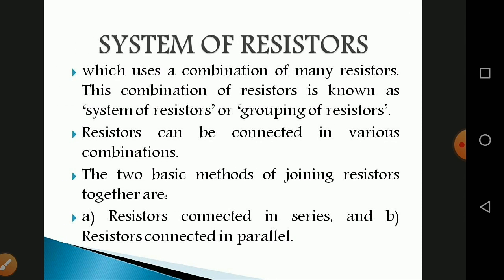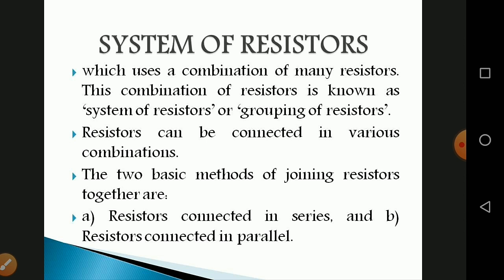And then system of resistors. You have learned how the resistance of a conductor affects the current through the circuit. You have also studied the simple electric circuit containing a single resistance. Now in practice, you may encounter a complicated circuit which uses a combination of many resistors. The combination of resistors is known as a system of resistors or grouping of resistors.